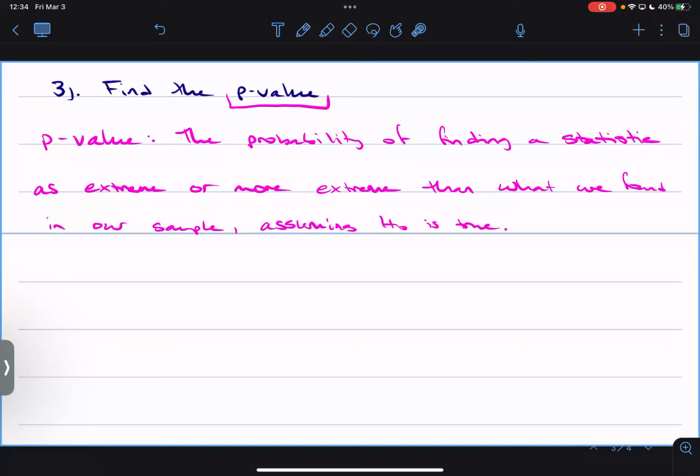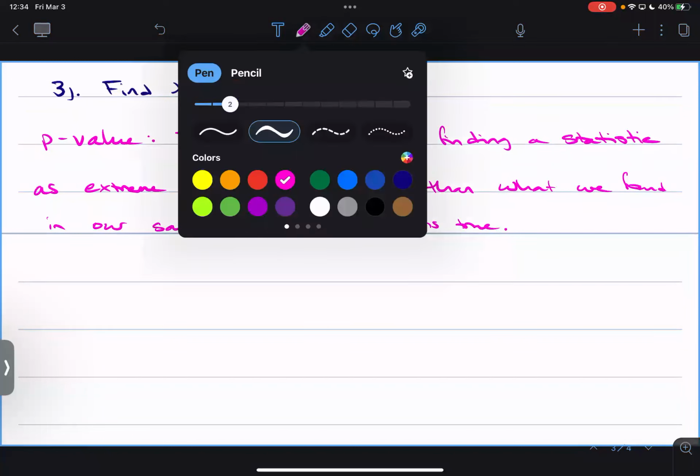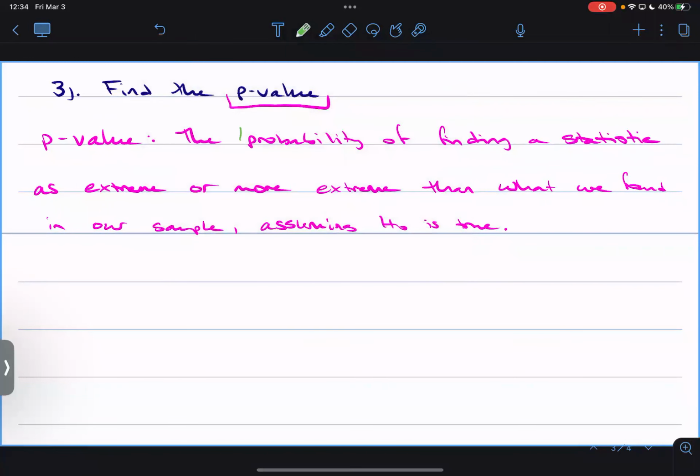Okay. Let's break this down. So the probability, remember, probability means that it's an area under the curve. Area under the curve, under the normal curve in this case, at least for chapter 5 and chapter 6, of finding a statistic as extreme or more extreme.